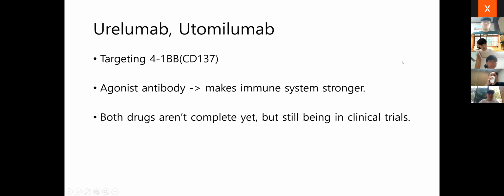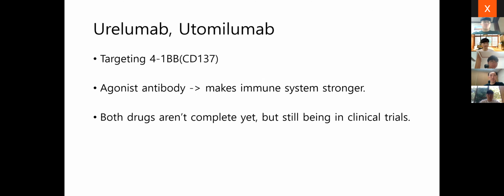I will introduce urelumab and utomilumab, and these drugs are briefly introduced in the bioscience class. These two drugs both target 4-1BB. The other name is CD137, and this is a monoclonal antibody, specifically an agonist antibody.